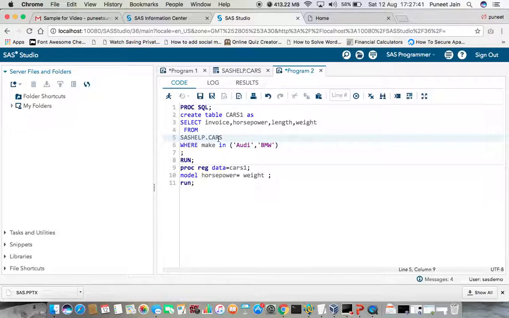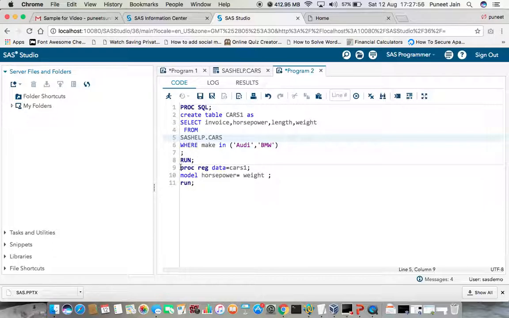Now I want to compare my whole hypothesis between just two makes, that is Audi and BMW. That is why I have written where make in Audi, BMW; run.